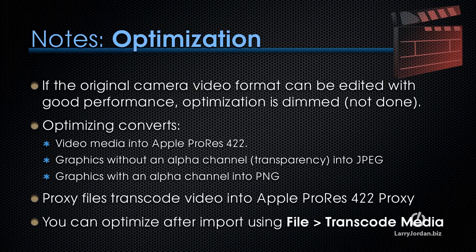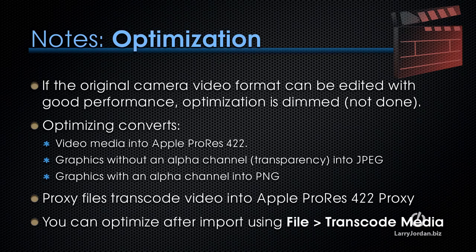It's not available. Optimizing converts your video media into Apple ProRes 422. It converts graphics without an alpha channel, which is simply a fancy word that means transparency, into JPEGs. And it converts graphics with an alpha channel into PNGs.